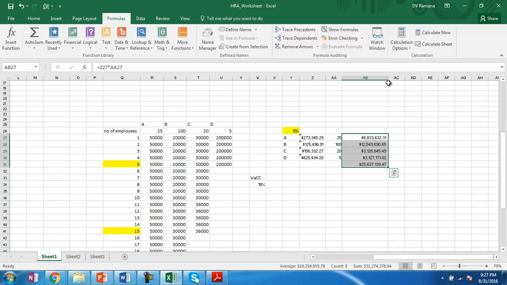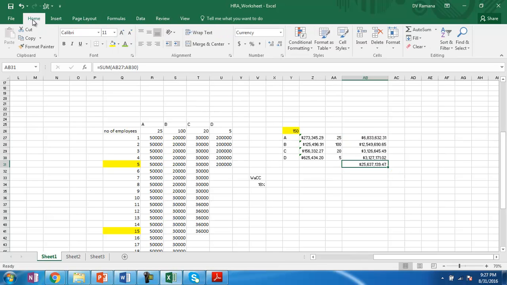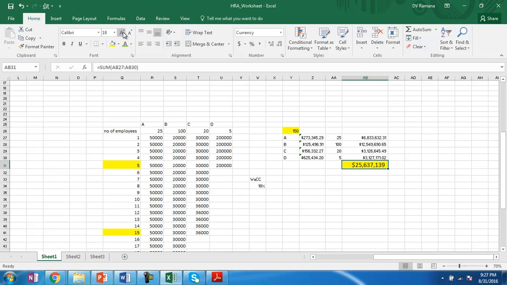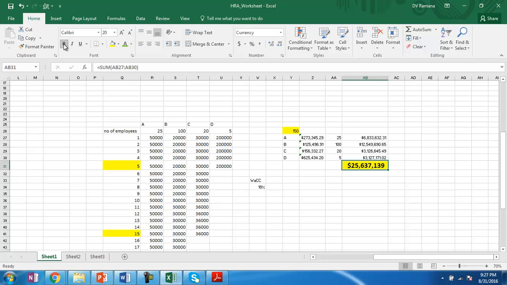in this example comes to 25 million. 25 million is the value of human resource by using the discounted cash flows.